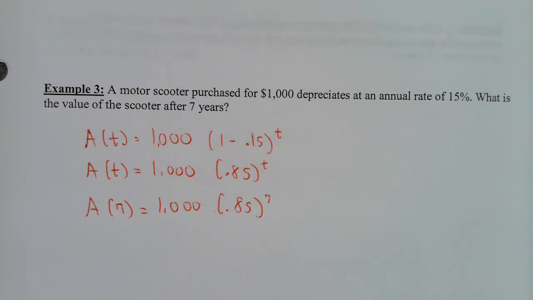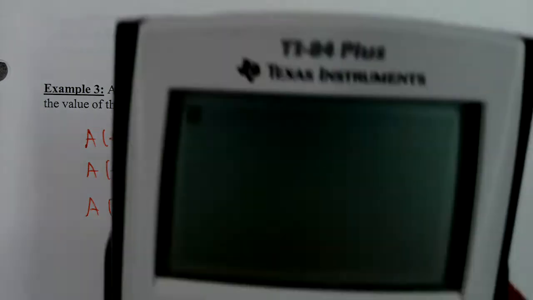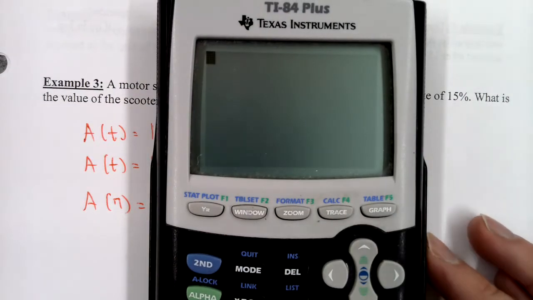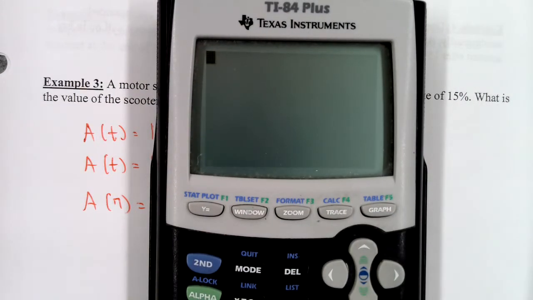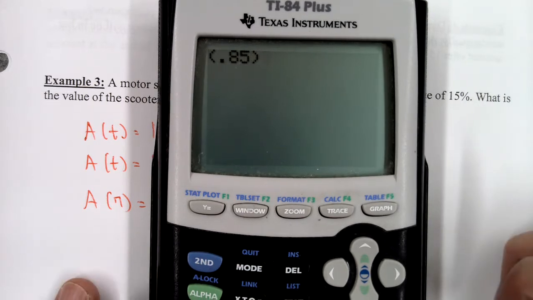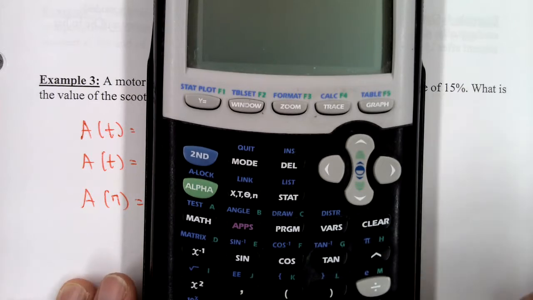Now you're going to do 0.85 to the 7th power. I'm not sure if you can see this very well, but 0.85, caret key right there. That's the caret key right there.